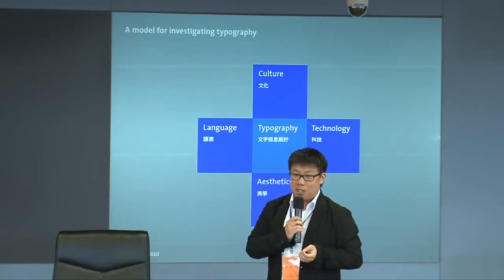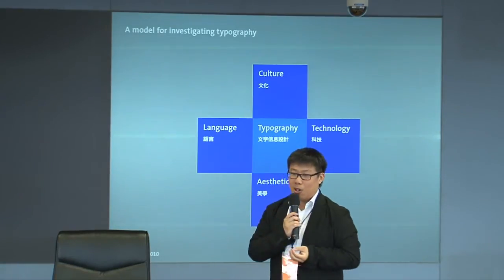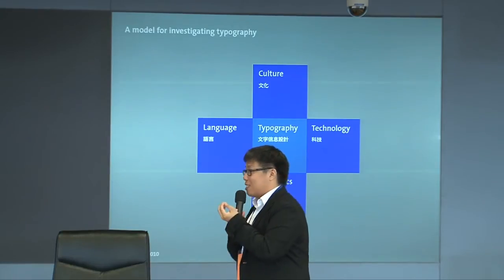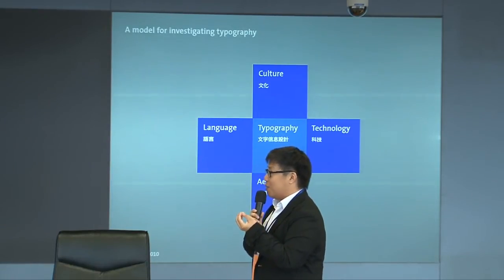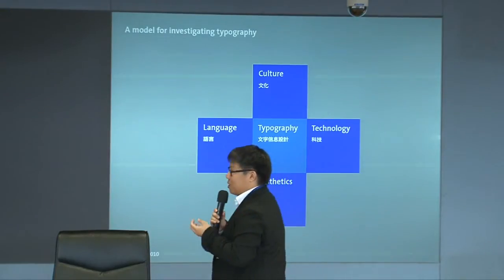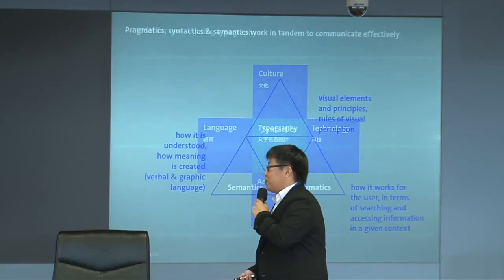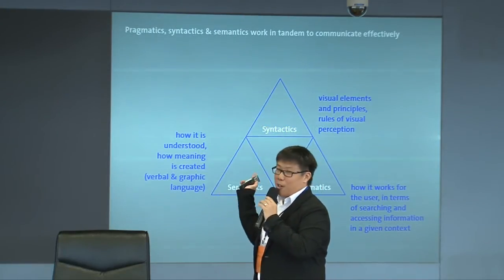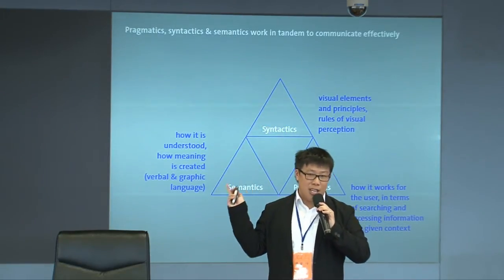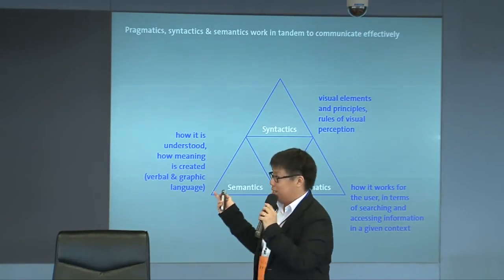In my research, I've been using linguistics a lot because I want to understand on a linguistic level how it relates to the visual level and how it relates to culture and society and maybe politics. So a very common framework for looking at any visual form is semiotic analysis.